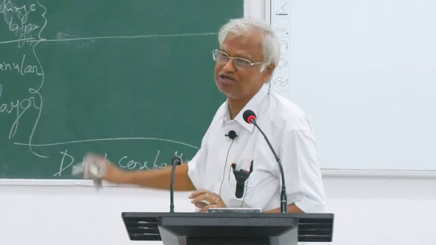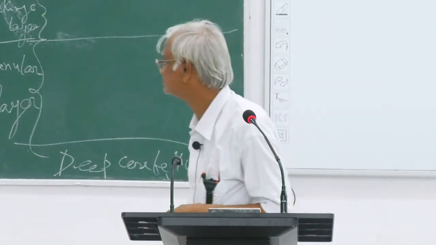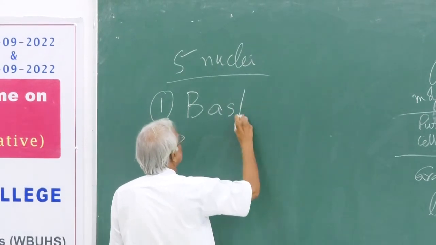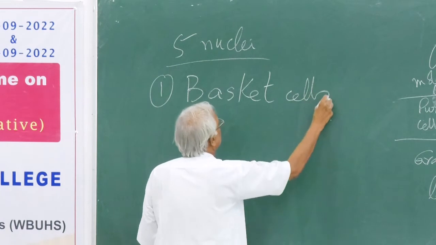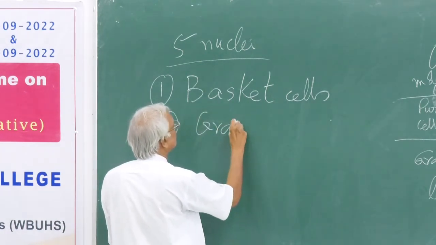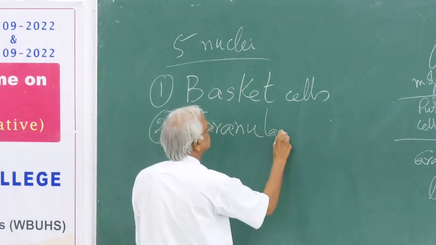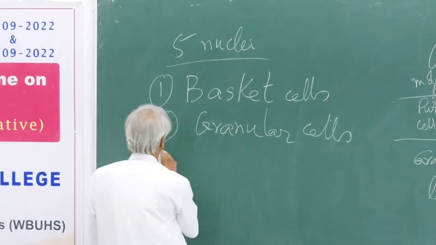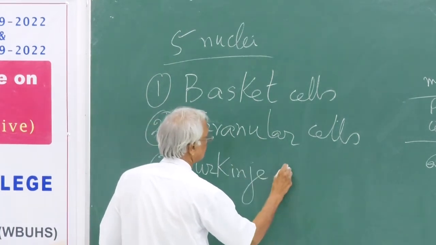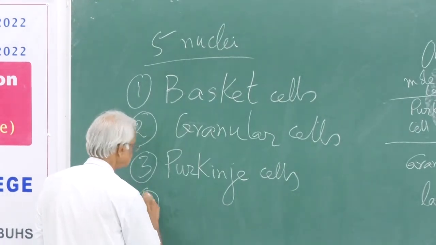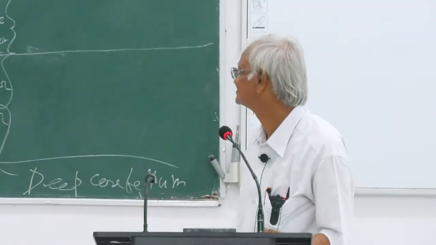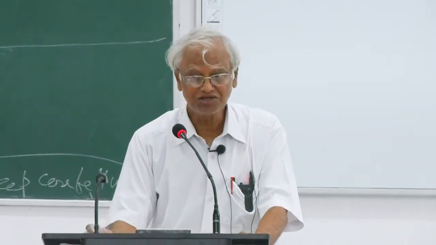So what are the five cell names? First names. Basket cell. Then what? Granular cell.